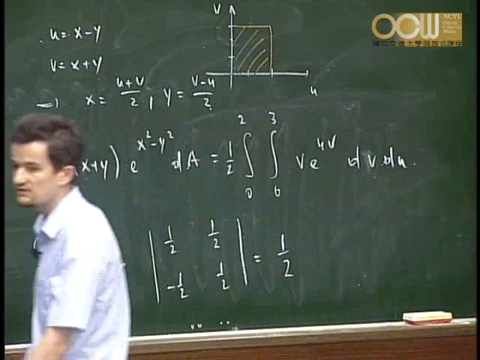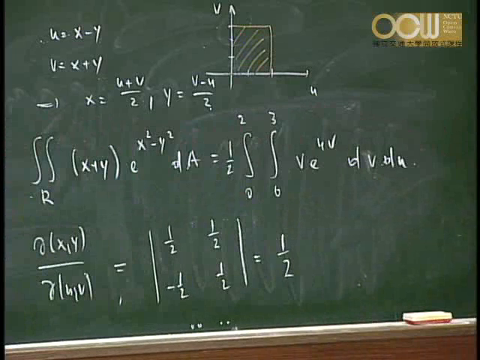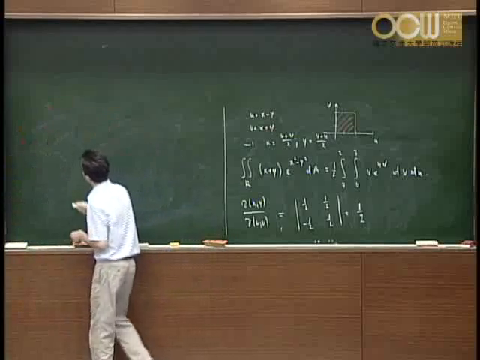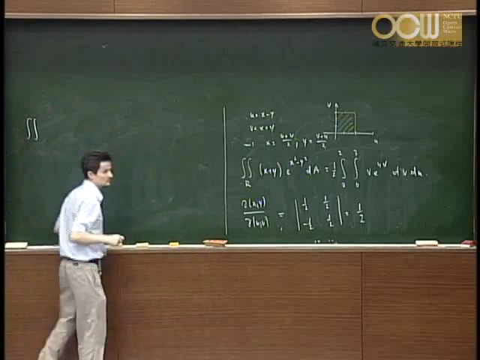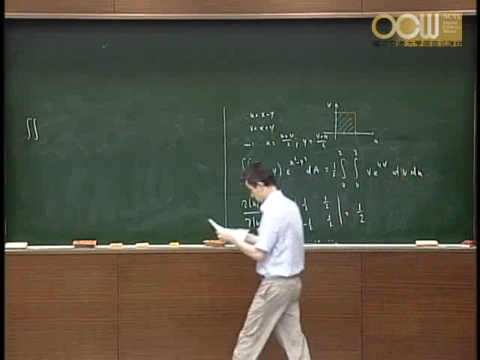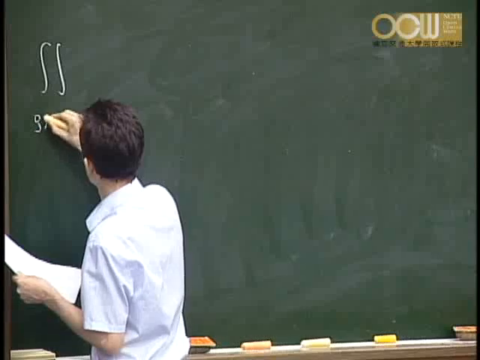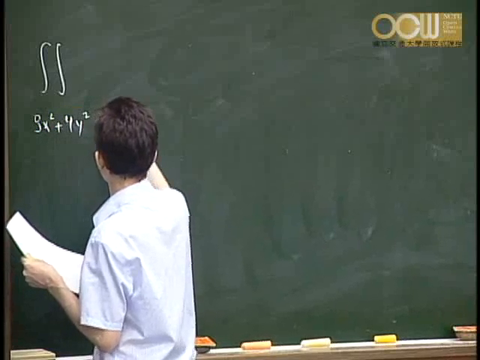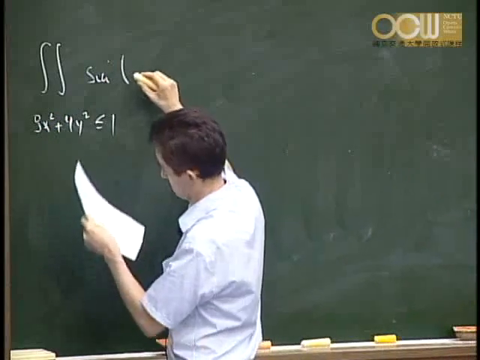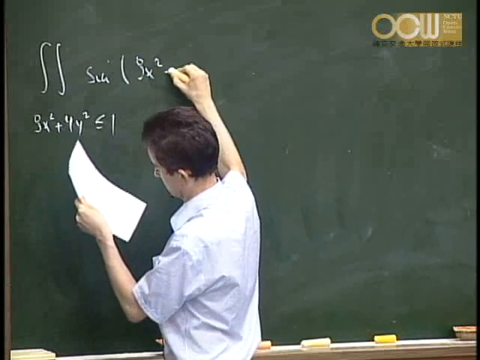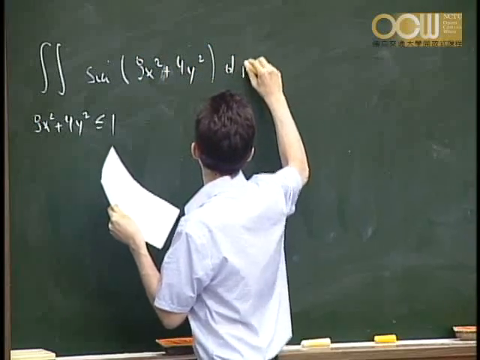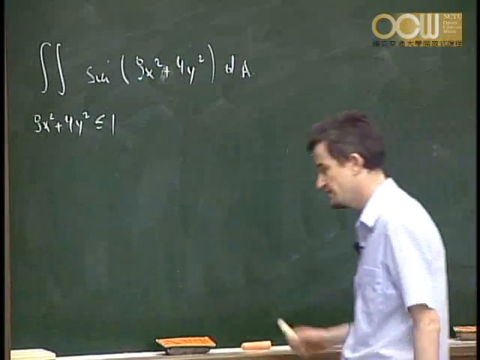Other examples where it's not so complicated to come up with a good substitution is the following one. For instance, the double integral over the ellipse of sine. You see the idea should be pretty clear.